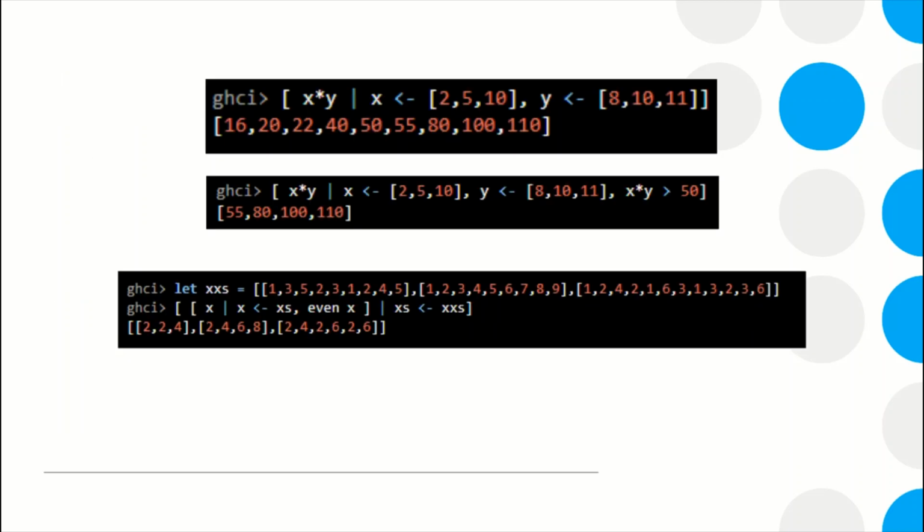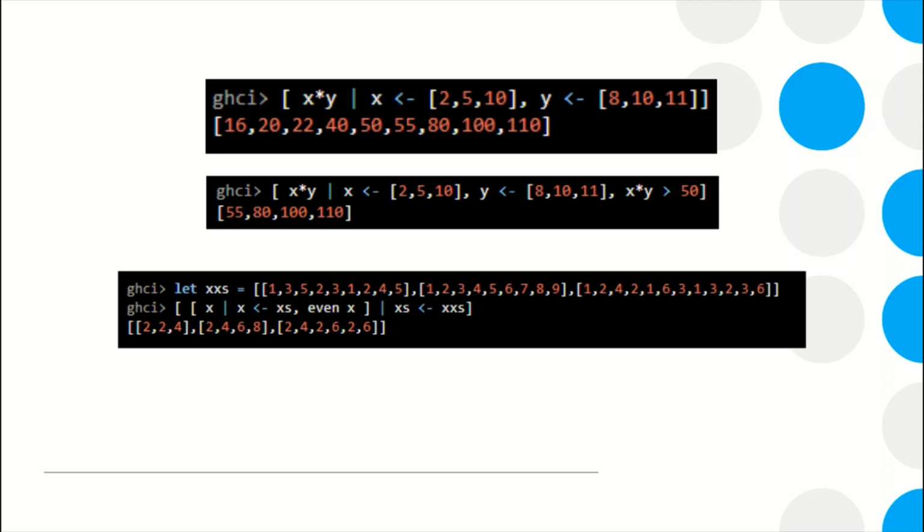We have some other examples. So the list comprehension of this expression is going to multiply all the possible combinations between the two lists, in this case the list 2, 5, 10 and the list 8, 10 and 11.